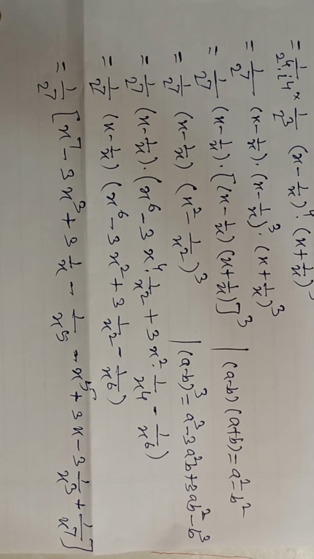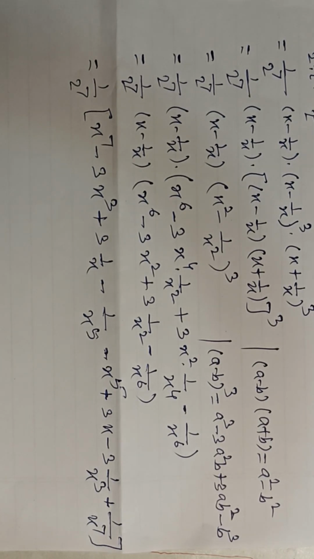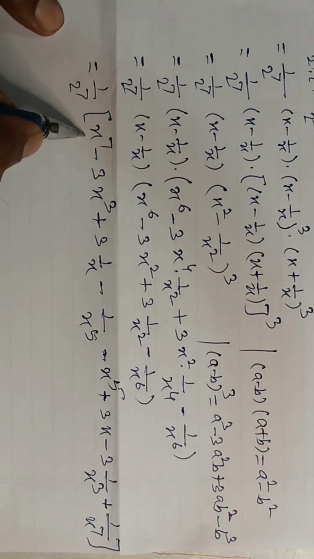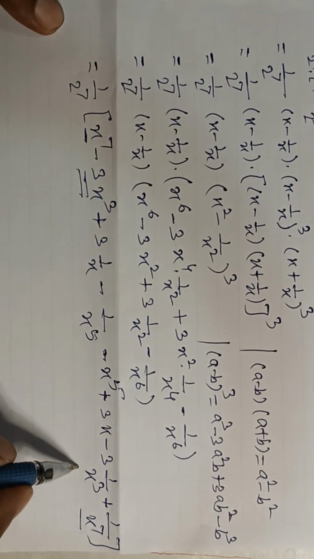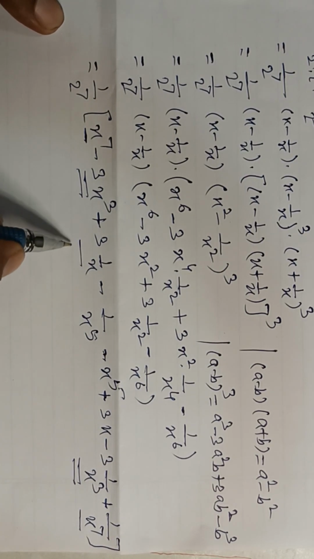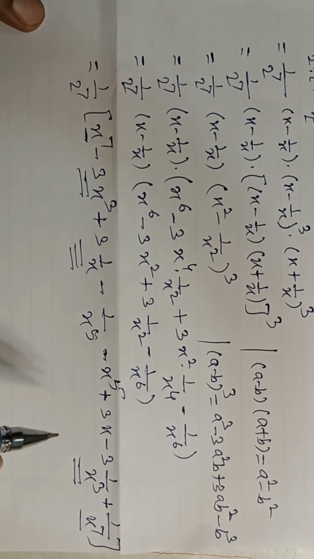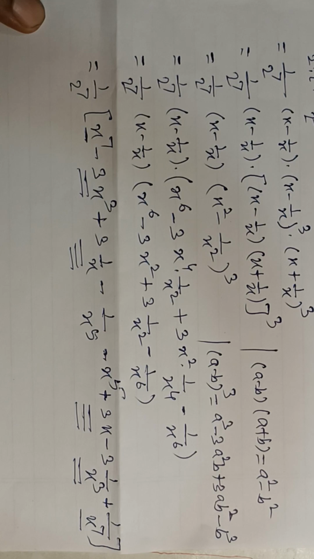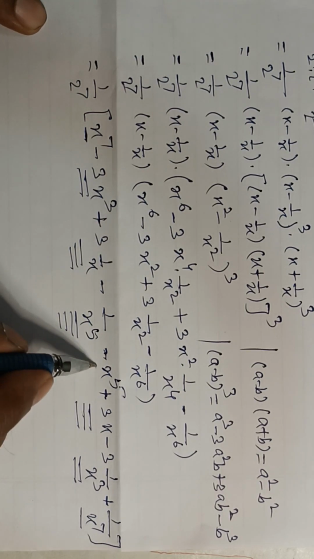Now what we have to do is collect similar terms, like the previous step, that is collect the real part: first term, last term, second last, third last, then fourth, and this term.